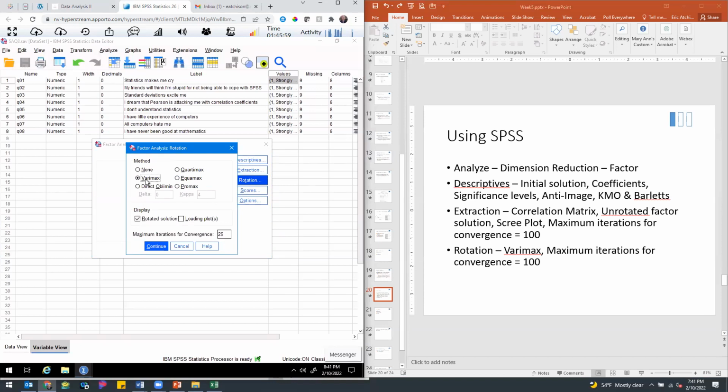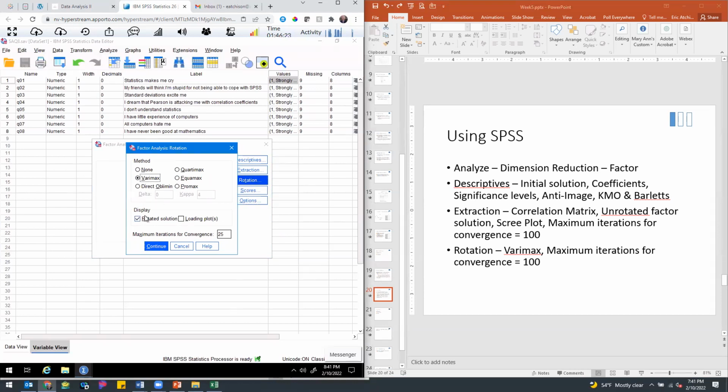Rotation: Varimax, right? Because what kind of rotation is it? Is it orthogonal or diagonal? What does that mean? That there are some independent, right, it assumes independence and uncorrelated variables.